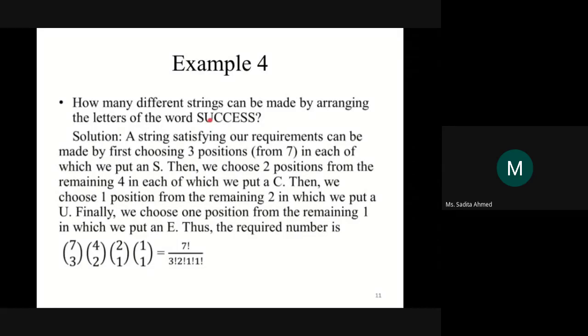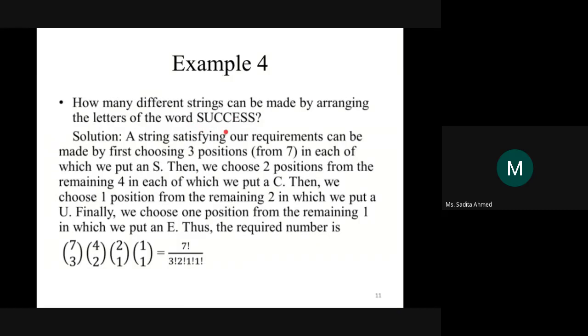Here, for example, we cannot use permutation, even though this is clearly, as clear as day, a permutation problem by arranging the letters of the word success. However, we cannot use permutation itself to solve this problem. Why? Because here some of the objects are repeated. S is repeated. We have 3 occurrences of S, 2 occurrences of C. So S and C are repeated, so we cannot use the same approach here.